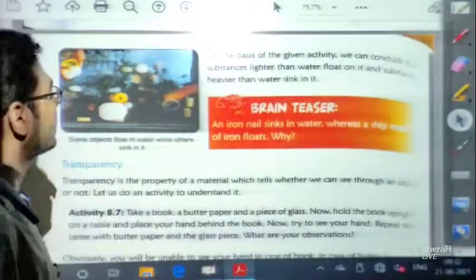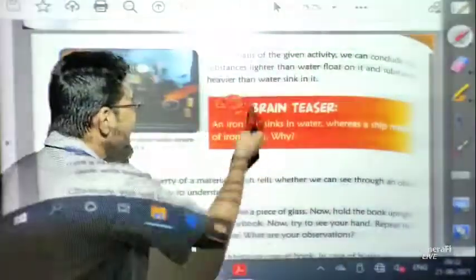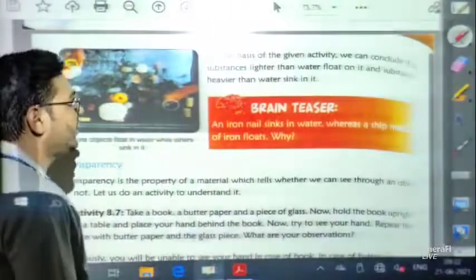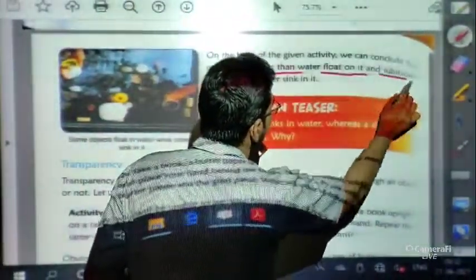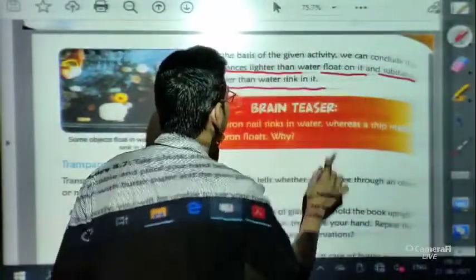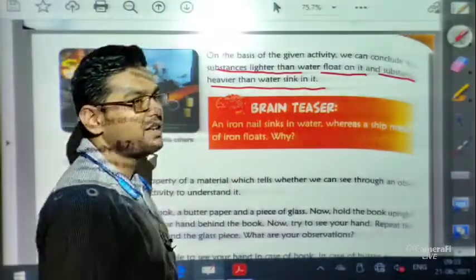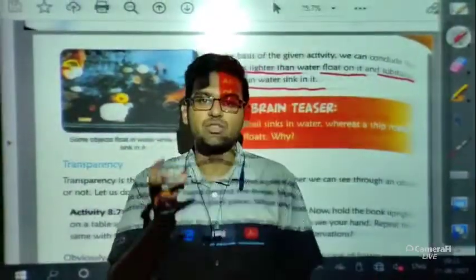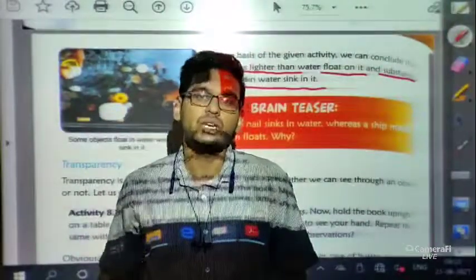Now just have a look at what we can conclude on the basis of the given activity. Basically we can conclude that substances lighter than water float on it and substances heavier than water sink in it. Very easy one. If I put a stone into the pond, what will happen? The stone will sink in the water.